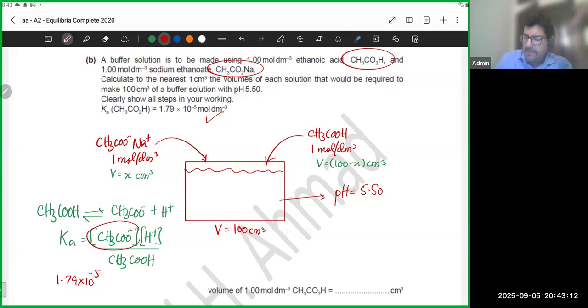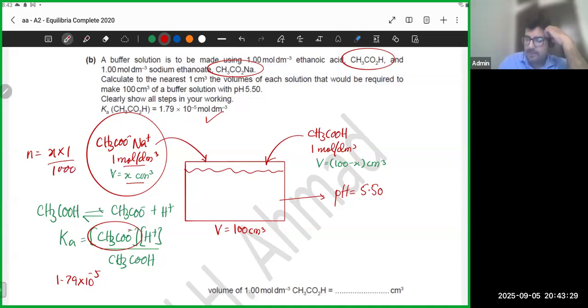I need the ethanoic concentration. So I've got the concentration and I've got the volume, right? So I can figure out the moles, which is X times 1, divided by 1000. It should not be in cm cube, right? So that's X over 1000. What are the moles of the other thing?